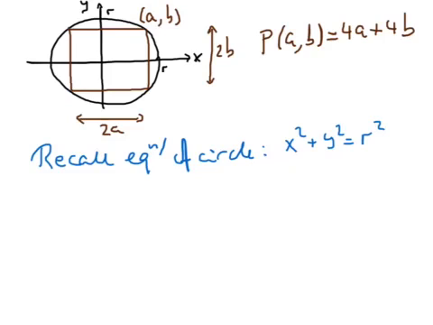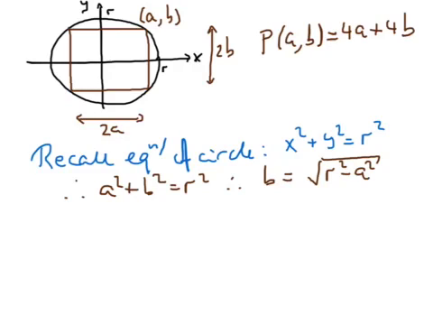So for our particular point (a, b), a squared plus b squared is r squared, therefore b is going to be the square root of r squared minus a squared. I've chosen the positive root because b is clearly positive, so it's safe to take the positive root here.